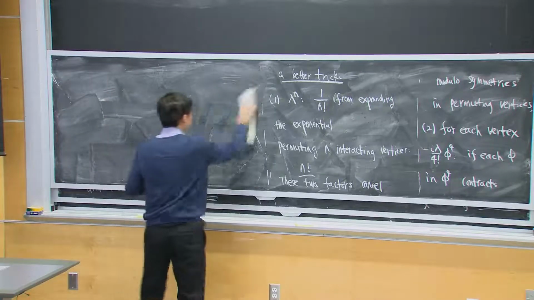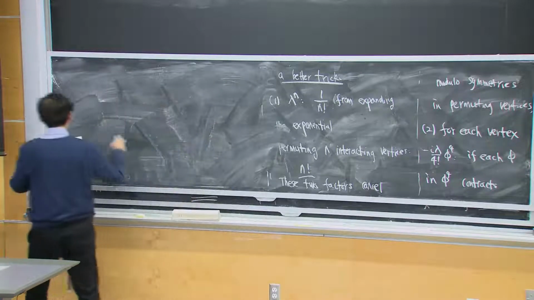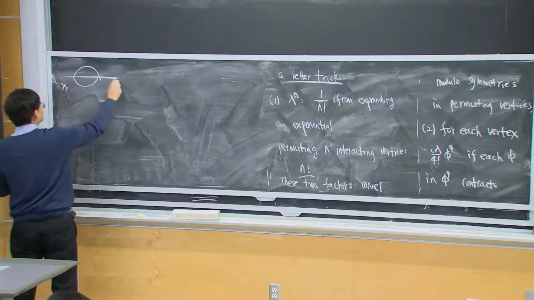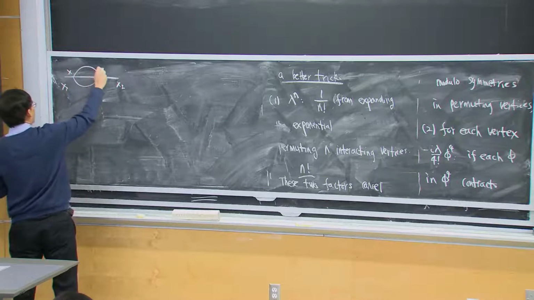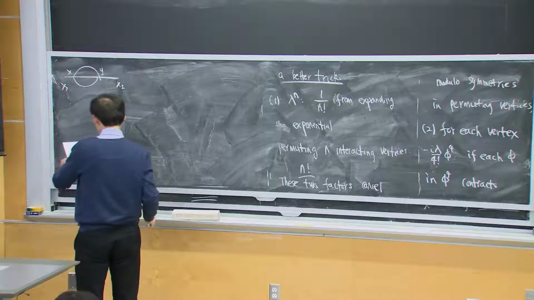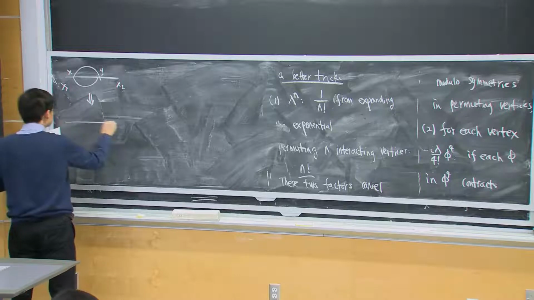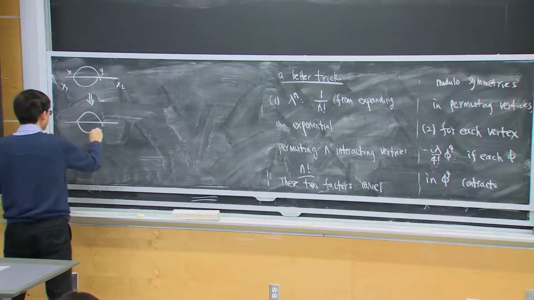So this diagram looks like this. In coordinate space, we have x1, x2, and x and y. Now when we go to momentum space, the diagram is the same.